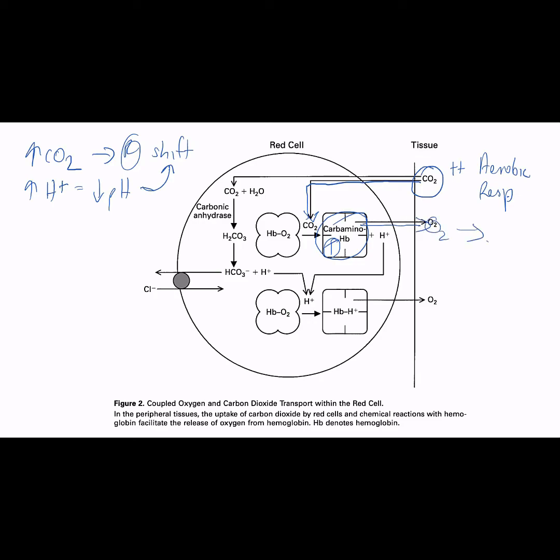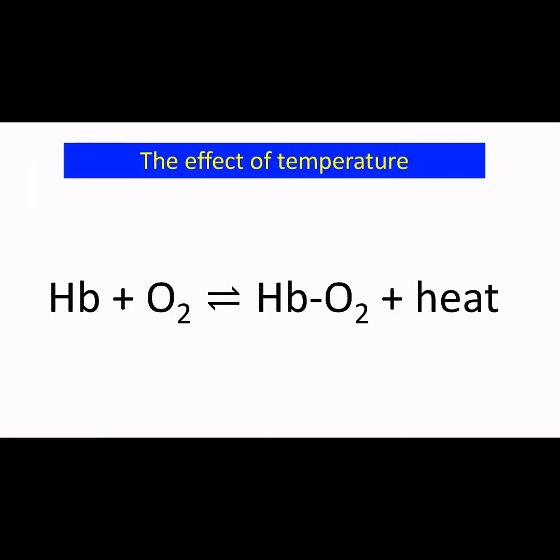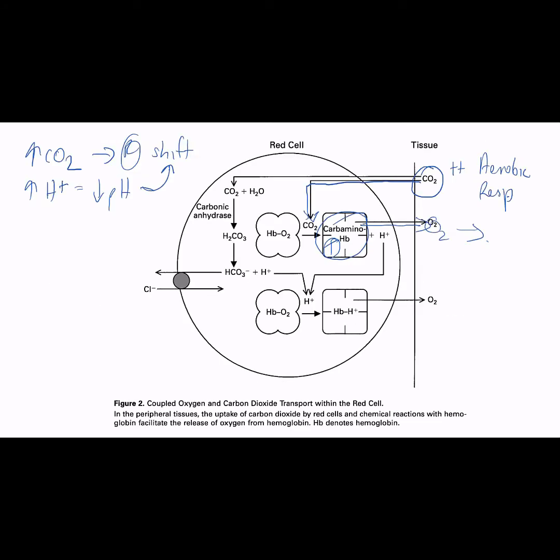Some of this carbon dioxide also forms bicarbonate, which is the majority of how carbon dioxide is carried, which then dissociates to form bicarbonate and a proton, which contributes to acidity.